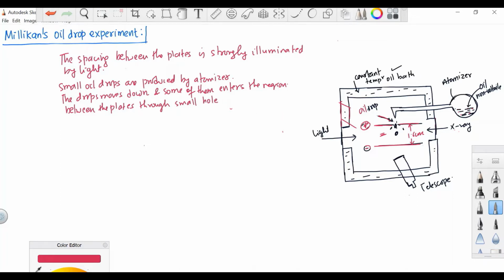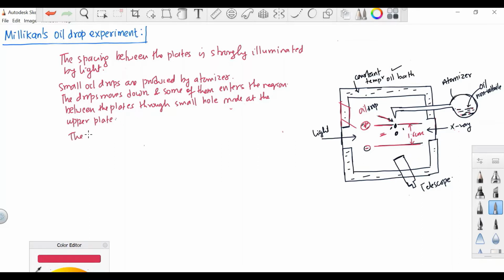So there is a small hole or pinhole made in the upper plate. So the upper plate consists of a small hole so that the oil drop can pass through it.